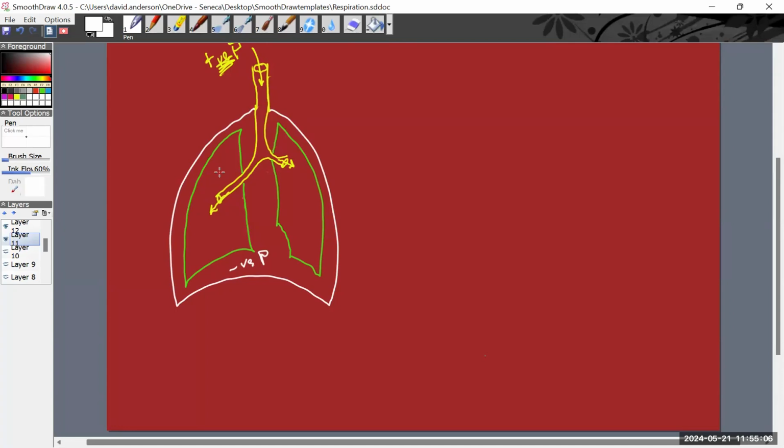So if we want to make the inside even more negative, so just think about this for a minute. If we make the inside of the thoracic cavity more negative, we create a bigger differential between inside the lung and outside the lung. And if the outside of the lung gets more negative, it's going to allow the lungs to expand. Does that make sense?